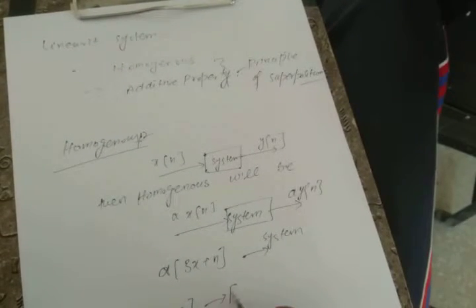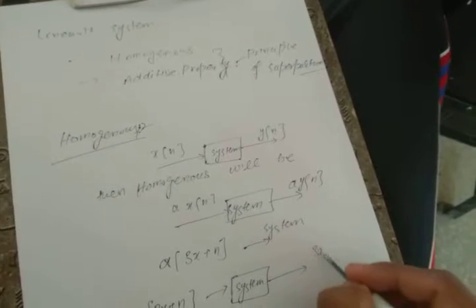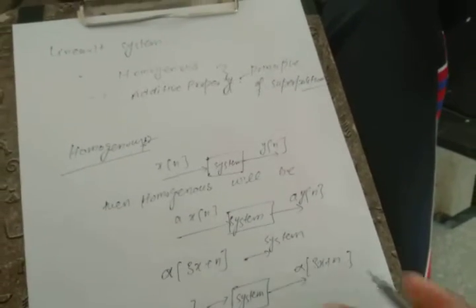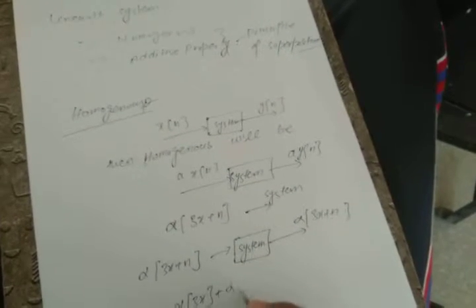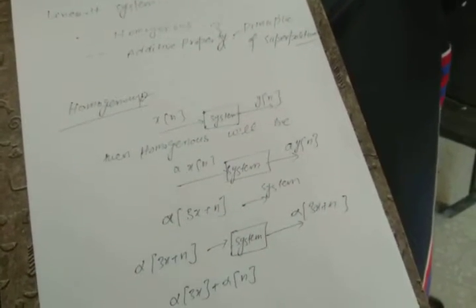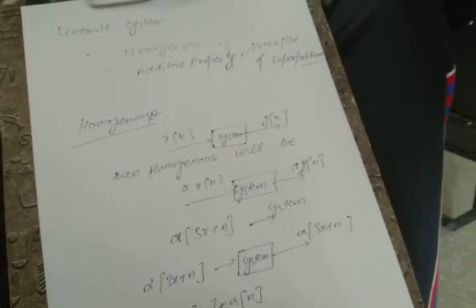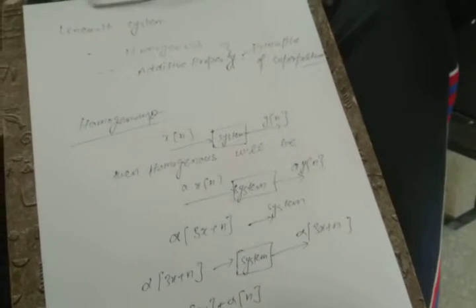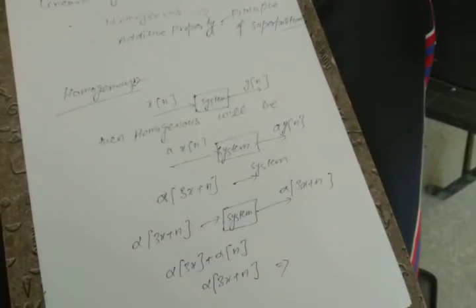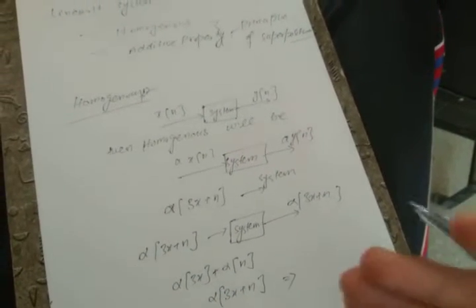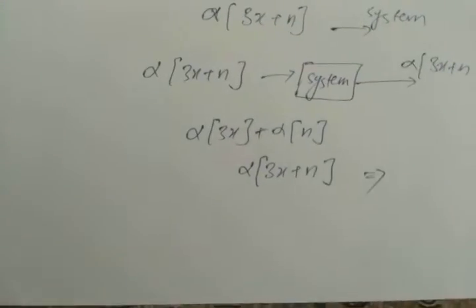Passing it through the system, the value should be alpha times 3x plus n. Let's check: alpha 3 of x plus alpha of n, taking alpha common, gives alpha of 3 of x plus n. Then we can say that this is a homogeneous system. It gives the same value when we multiply a constant by the input, and it appears at the output side.